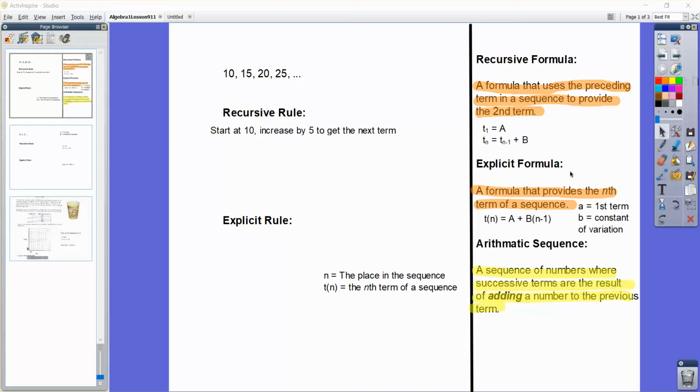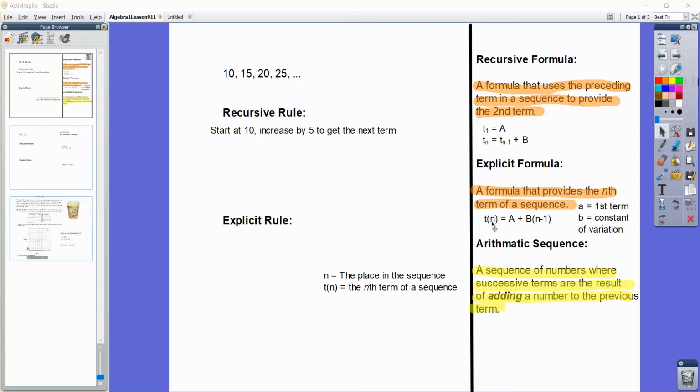An explicit formula is also another way that you can express a sequence, but this one's a little more direct. It allows you to determine a specific term in a sequence without having to write it all out. So an explicit formula basically says, let's find out what the first term is. In this case, a would be the first term. This is, by the way, function notation.